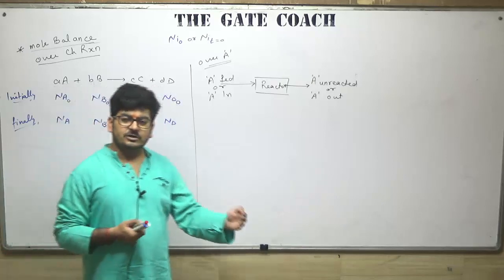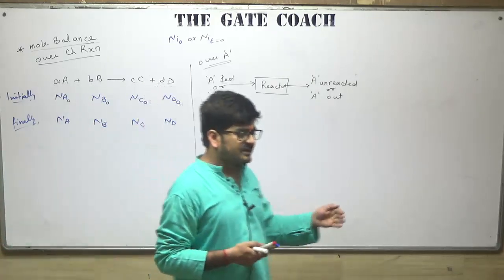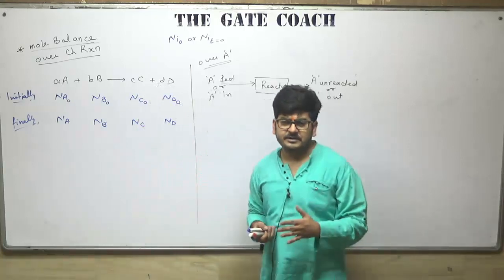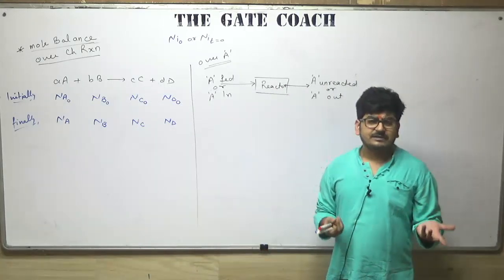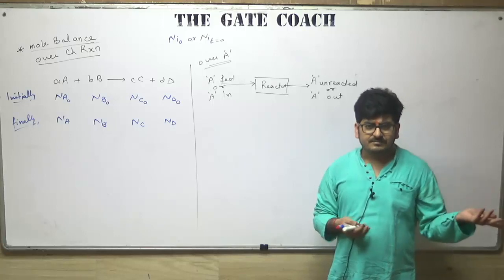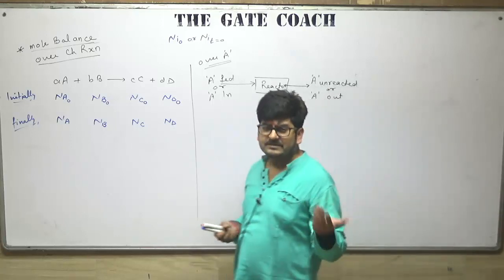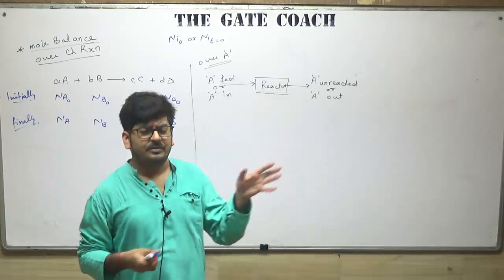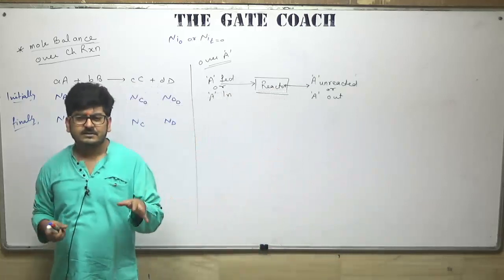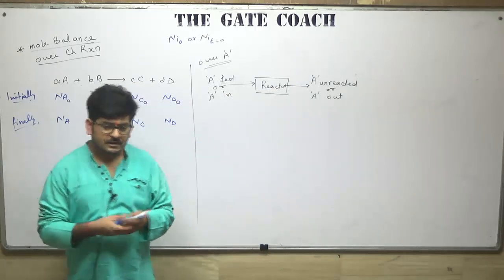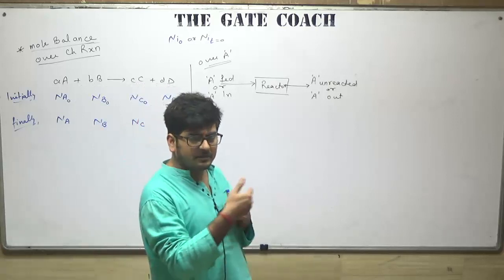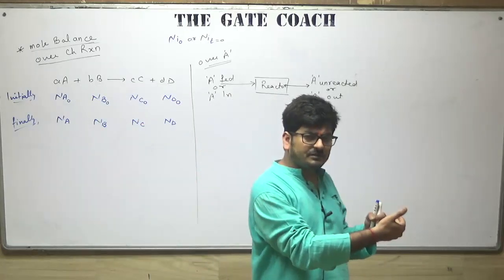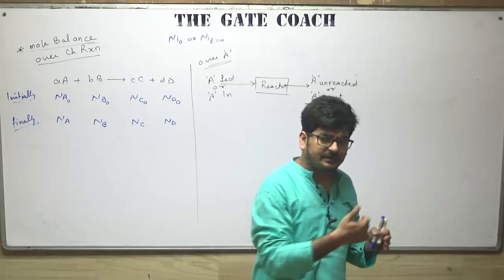Before entering the shopping mall, I had 1000 rupees, and after leaving the mall, I have 300 rupees. So obviously, the remaining 700 rupees I have spent in shopping, or maybe on something else. Okay, so what will be the money balance? Money in equals money expenditure plus money remaining.